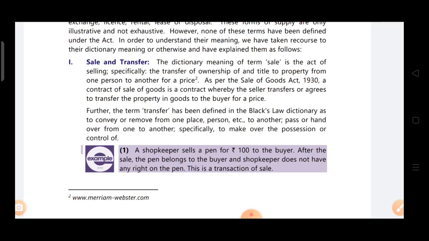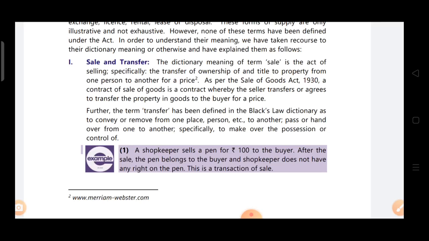As per the Sale of Goods Act 1930, a contract of sale of goods is a contract whereby the seller transfers or agrees to transfer the property in goods to the buyer for a price. The simple meaning, as defined in the Sale of Goods Act, is that when the seller transfers or agrees to transfer the property in goods to the buyer for a price, that is sale.